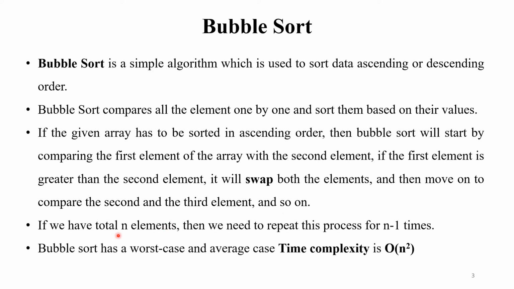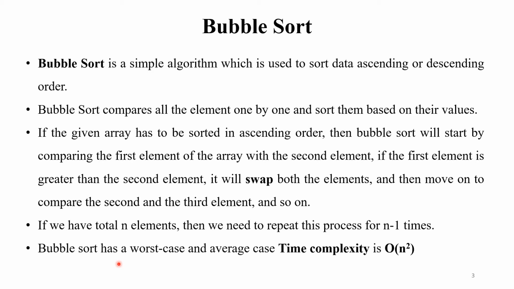In bubble sort, if there are n elements, then we need to repeat this process n minus 1 times. Means in bubble sort, n minus 1 passes are there.